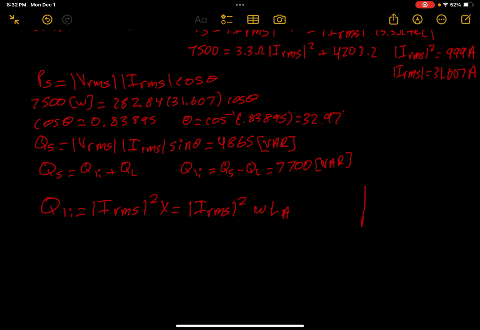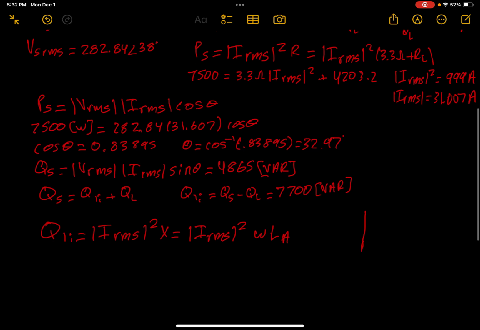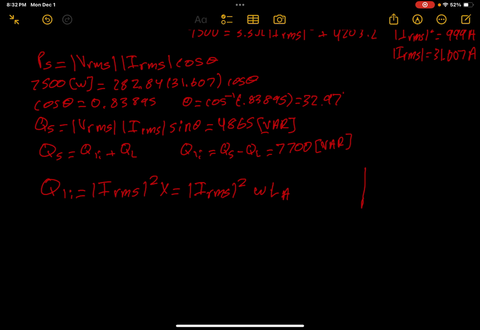Sorry, it's not the frequency, but it's given by the equation of Vs, which is the 100 radians per second. So we'll just plug in 100 there.